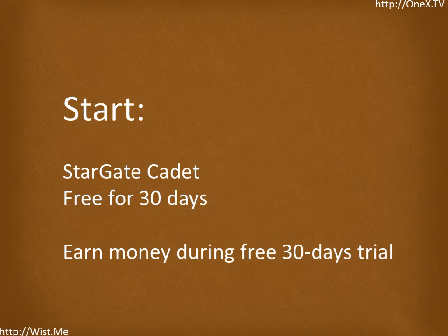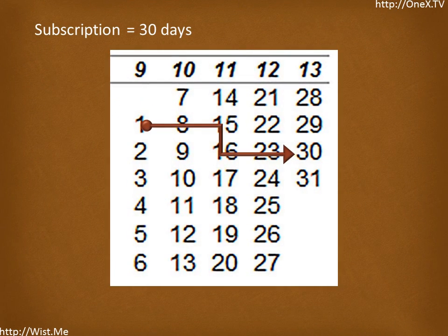Now, in QLxChange, your subscription lasts 30 days, which means that after 30 days you have to renew your subscription. If you don't renew, then your subscription stops.